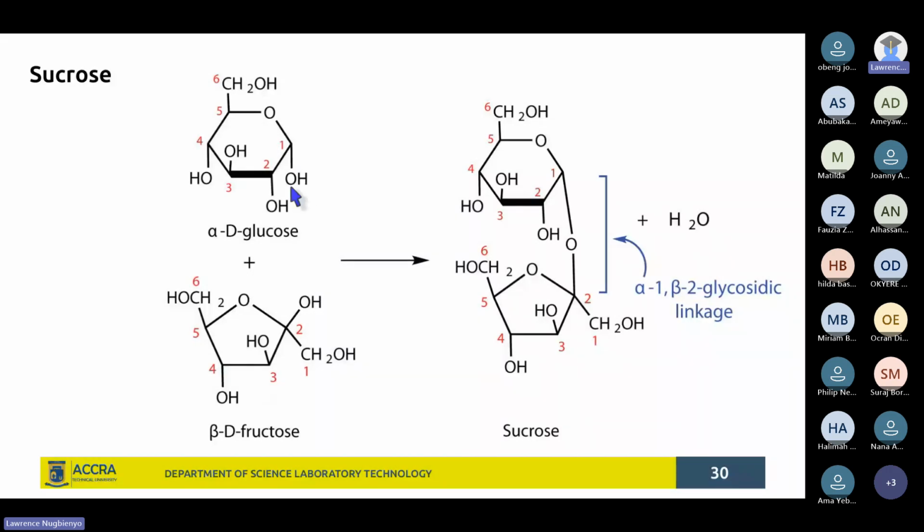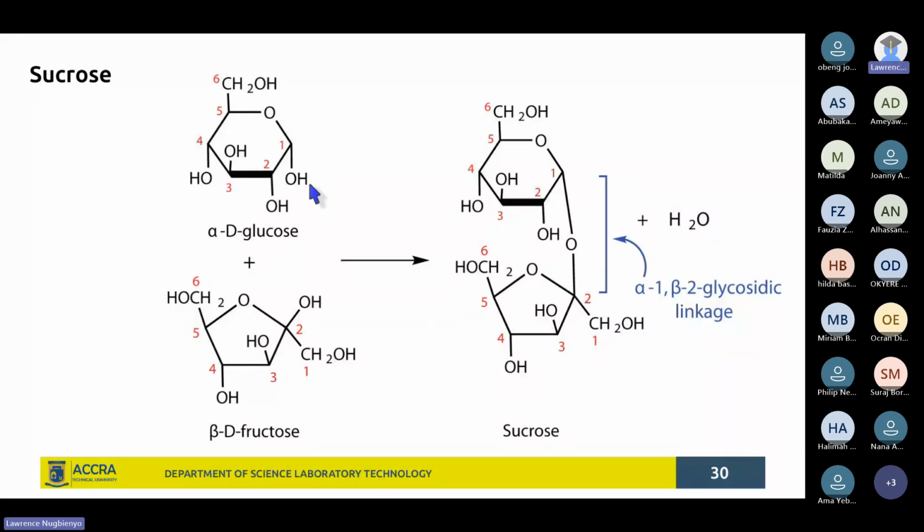Now when you take the fructose molecule, you see the hydroxyl group is facing upwards. That is the beta configuration. And it's even written below: alpha-D-glucose and beta-D-fructose. And so you have this alpha 1, beta 2 glycosidic bond or glycosidic linkage.